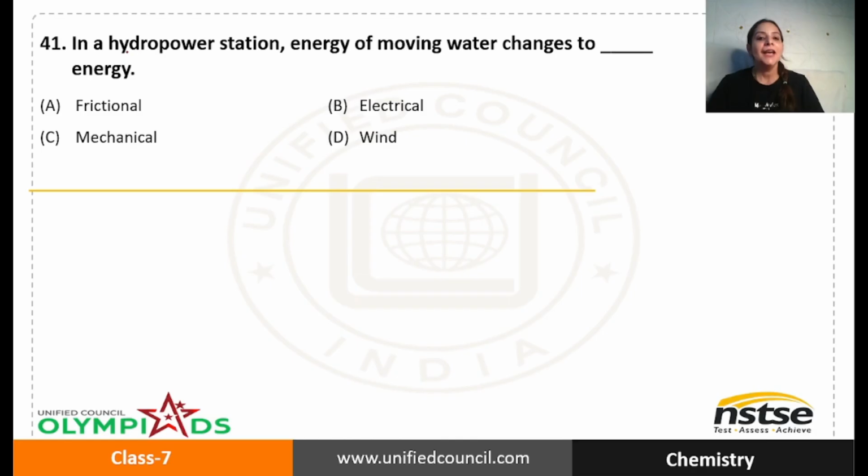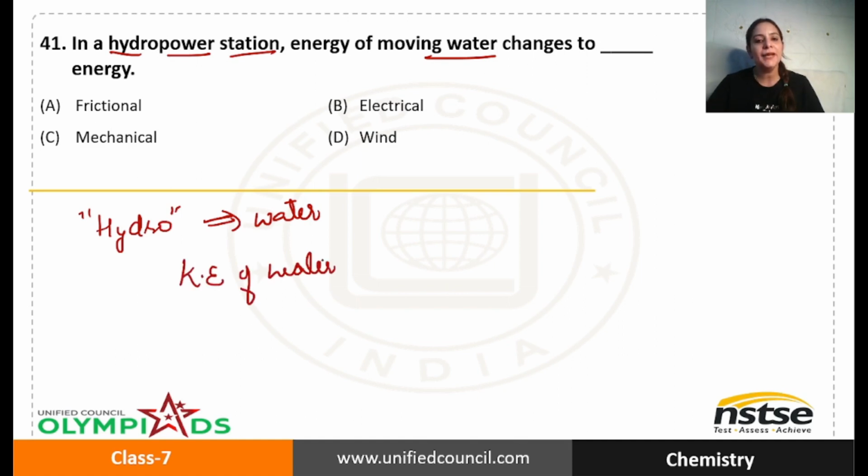Next question says, in a hydropower station, energy of moving water changes to dash energy. Now if I talk about a hydropower station, what do we mean by the word hydro? Hydro means water. So hydropower stations are those stations where the kinetic energy of moving water is used, because anything which is moving possesses this type of mechanical energy, that is kinetic energy, which is possessed by anything by virtue of its motion.